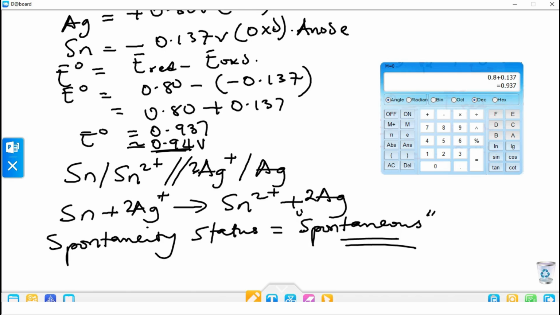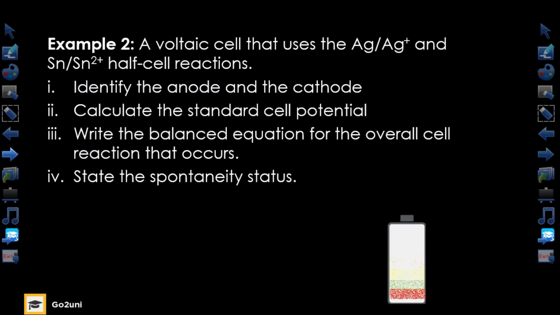The reaction is going to be spontaneous since our E is positive, 0.94 volts. Okay, we have seen that.